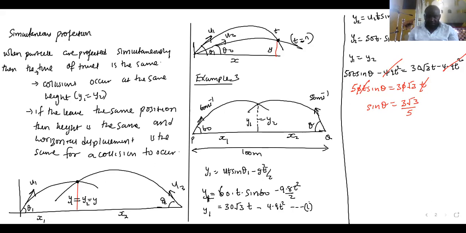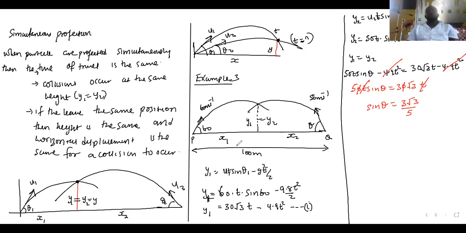Let's try out the other option, which is to use the horizontal displacement. This one is giving us an impossibility, but it should have given us something. 50 T sine of theta.